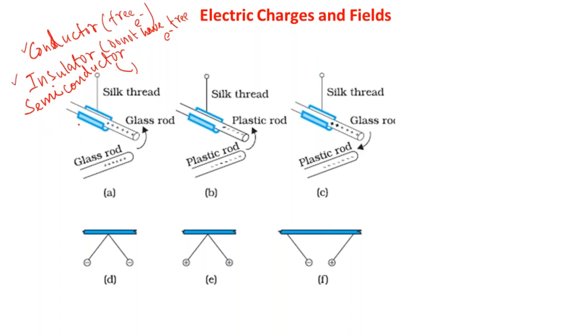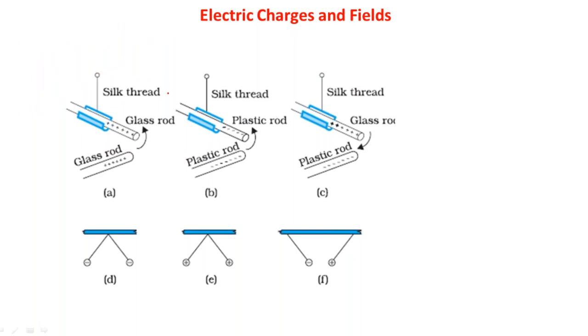Okay, so I'll brief a little bit. A conductor has free electrons. Insulators do not have free electrons. And a semiconductor is in between conductor and insulator. It has both bound and free charges, but conductivity-wise it is not that great.